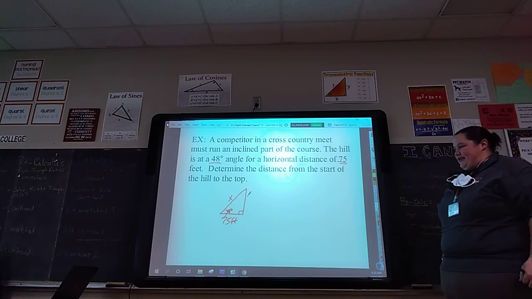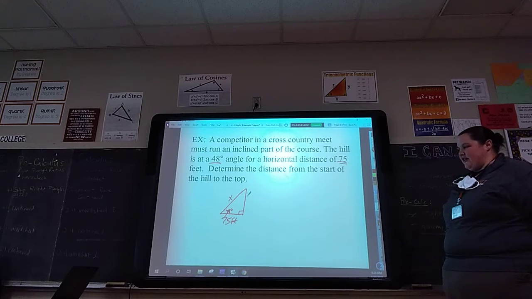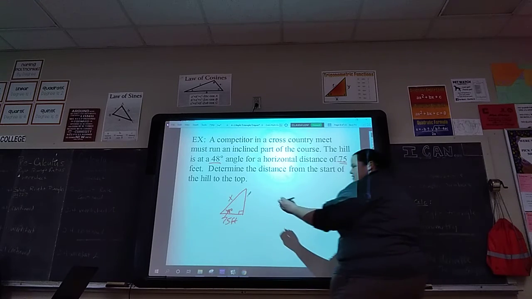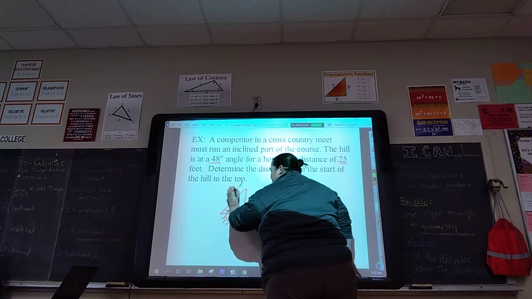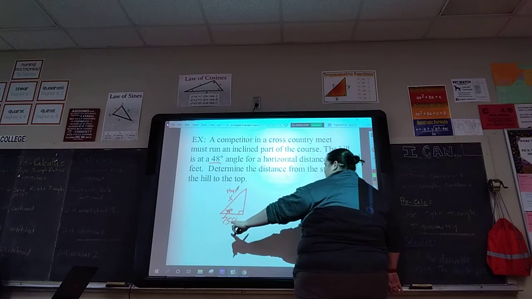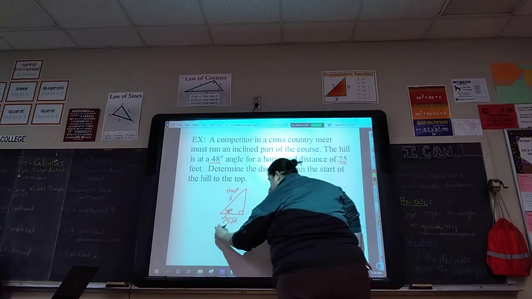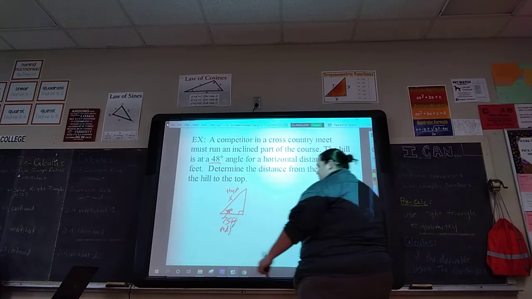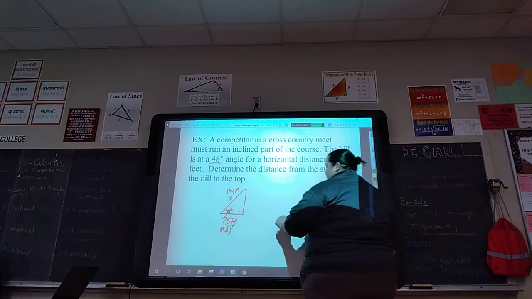So we're trying to find the hypotenuse. So which trig function can we use? Because we're looking for the hypotenuse. What side do we have? Adjacent. So which trig function can we use? Cosine. Cosine, yep.